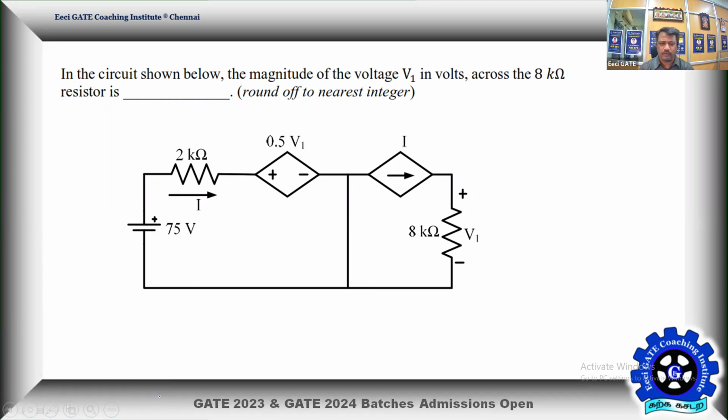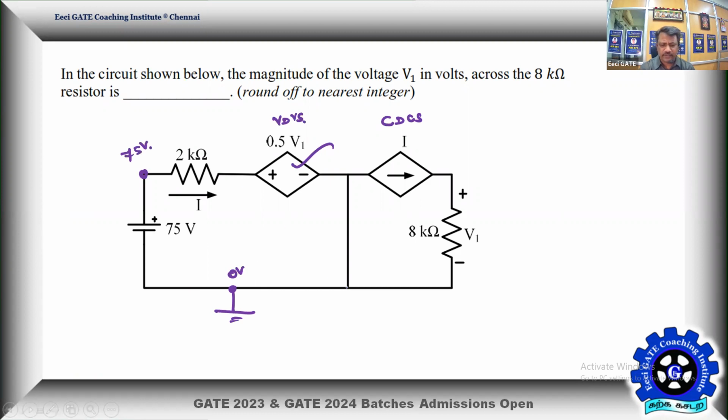Yes, how to approach the problem. So there is a voltage dependent voltage source, and there is a current dependent current source. You can call it a voltage controlled voltage source and a current controlled current source also. That's fine. Okay, so now let me help myself by taking the bottom as a reference. So taking this as 0 volt, and this point is known to be 75 volts.